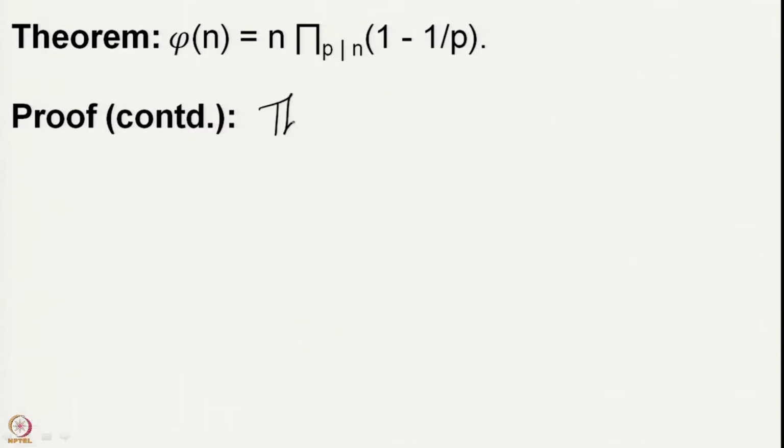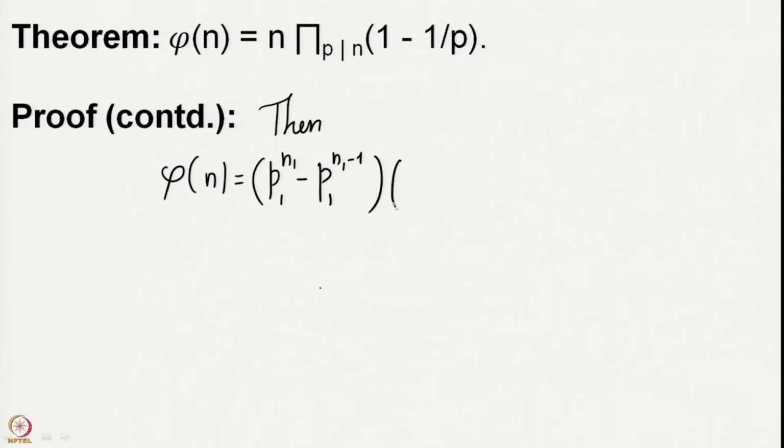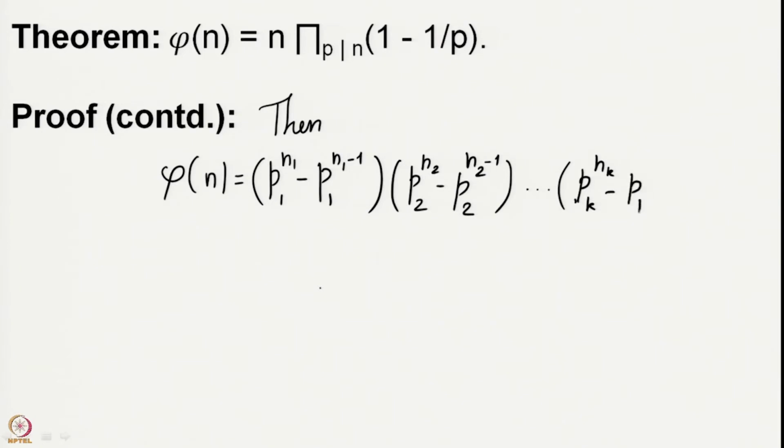So, then phi n is p1 power n1 minus p1 power n1 minus 1, p2 power n2 minus p2 power n2 minus 1, up to pk power nk minus pk power nk minus 1.